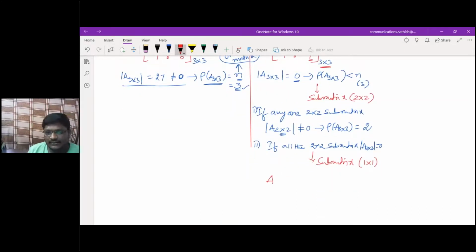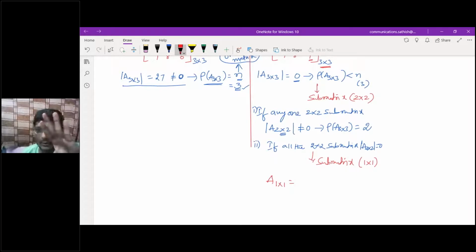Except for the 0 matrix, the remaining matrices will have a 1 by 1 element present. Then the determinant won't be 0. Okay, 0 matrix aside, what will I get as determinant?